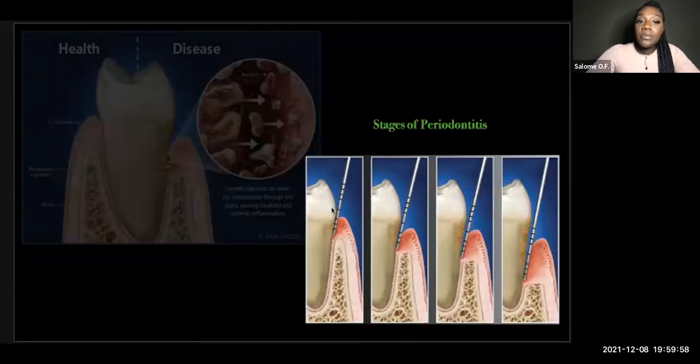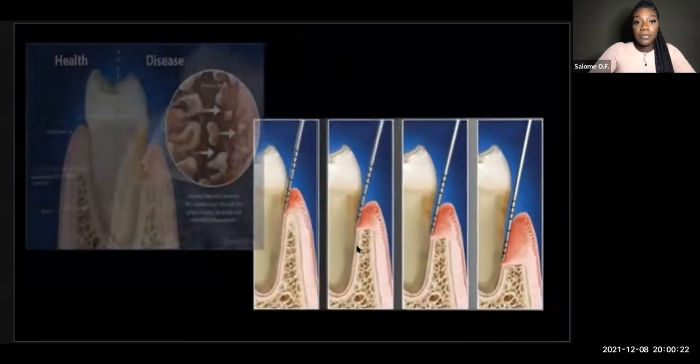But when you're getting higher, like 5, 6, and 7, that means your condition is getting worse and needs immediate attention. And I want to emphasize that periodontal disease is an infection. Okay, periodontal disease is an infection. So if you haven't taken care of your teeth, understand that you have an infection in your mouth that has to be taken care of.